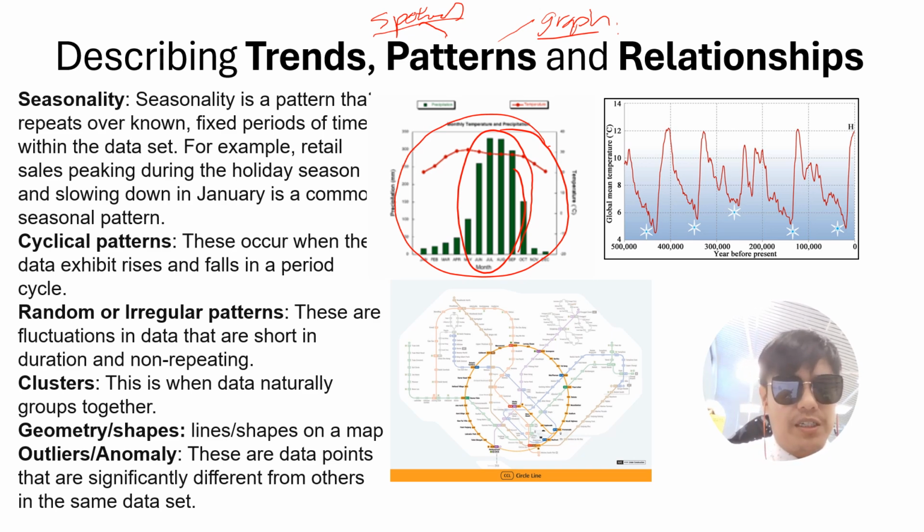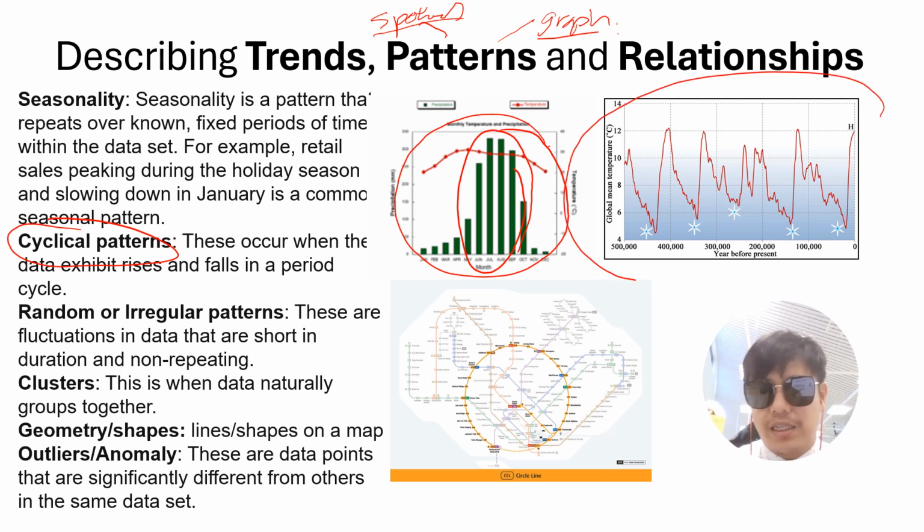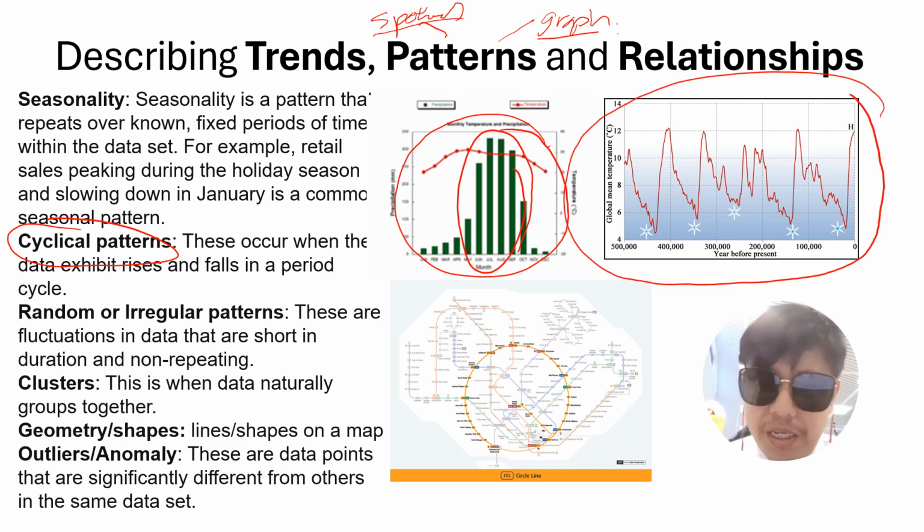And then after which there is this thing called the cyclical pattern. Do not be alarmed by the wording. Okay, cyclical means cycle, right? If you look at the second graph over here, you can see that these are the global mean temperature.